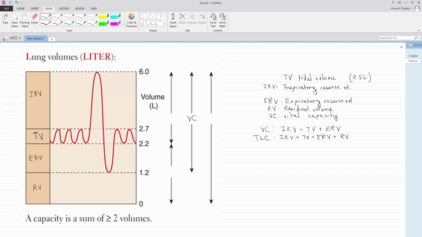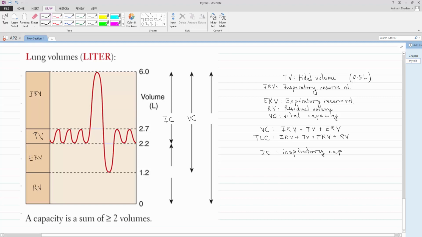All right, there are a couple of other capacities. Inspiratory capacity, again, this is not very important. IC, inspiratory capacity, is here. This is TLC, total lung capacity.